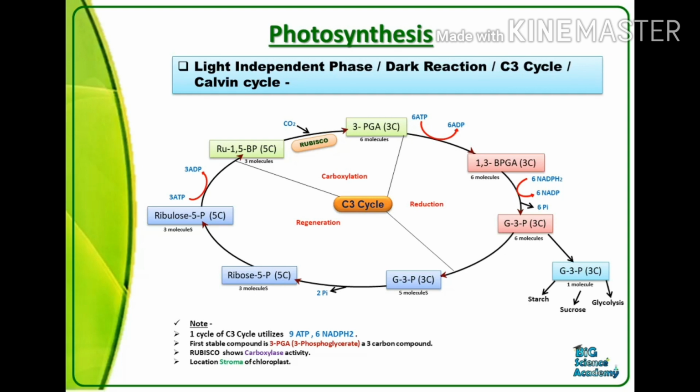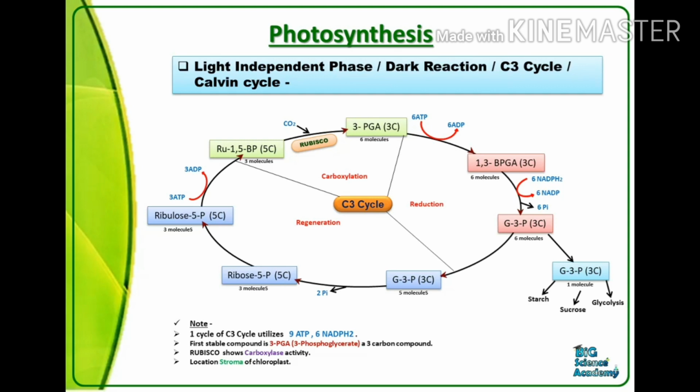So at the end 6 molecules of G3P are produced, but from here 5 molecules will enter into the C3 cycle's regeneration phase, and 1 molecule of G3P will go to produce carbohydrates or photosynthetic products which are starch, sucrose, and these molecules are utilized in glycolysis for the generation of ATP by respiration.